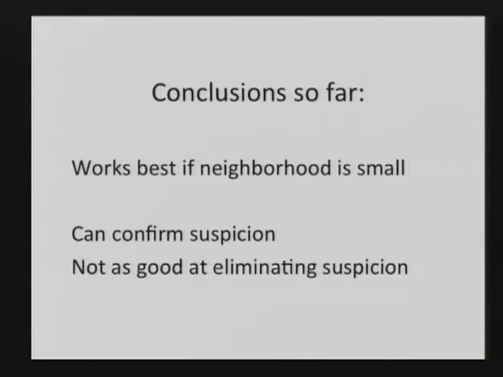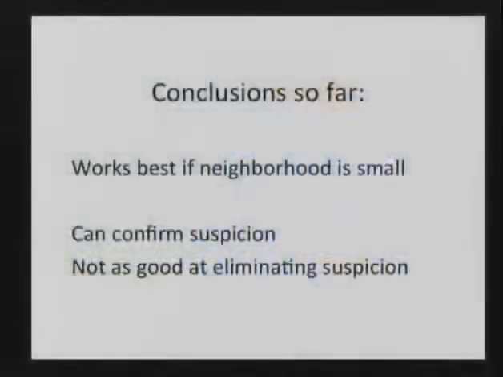But it needs to be small enough that the number of false positives is relatively small. The other thing we can observe is that even when this operates well, it can do a good job of confirming suspicion, but not such a great job of eliminating suspicion if we get a negative result.